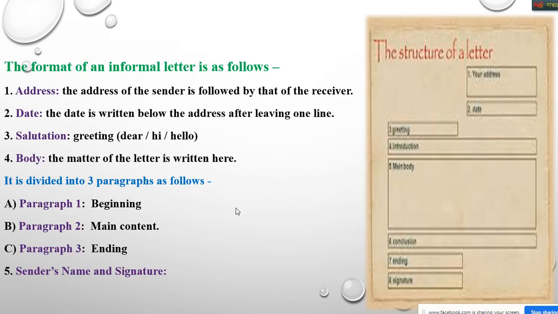And if you go for American style, ultimately the same template will be there, but you will see that the letters are written in left align. I mean the address, date, salutation, body, sender's name, signature, everything is written aligned left.